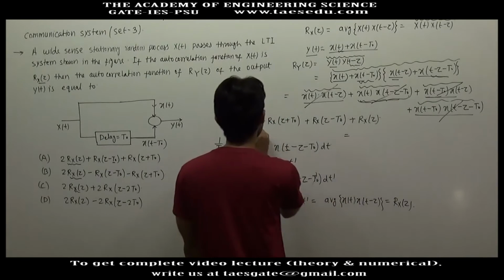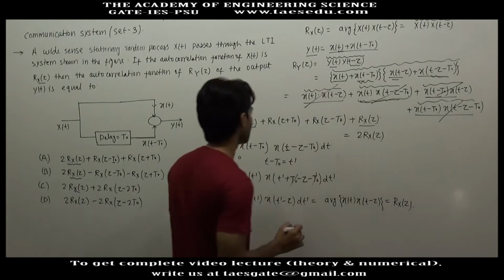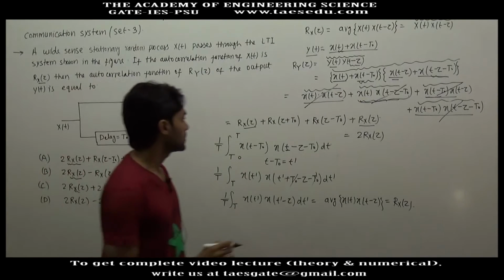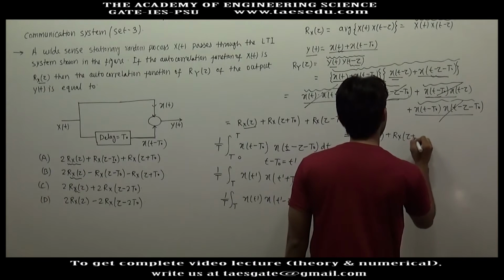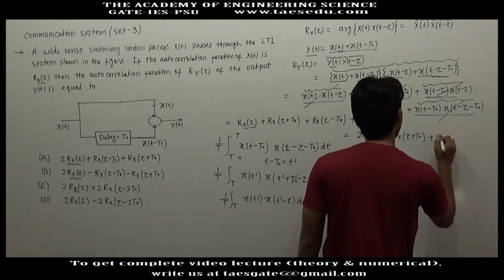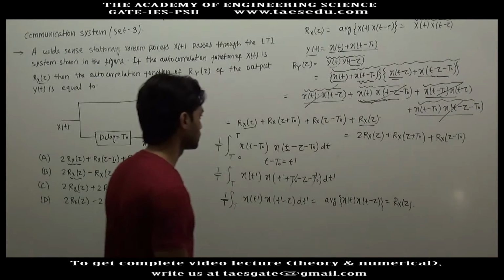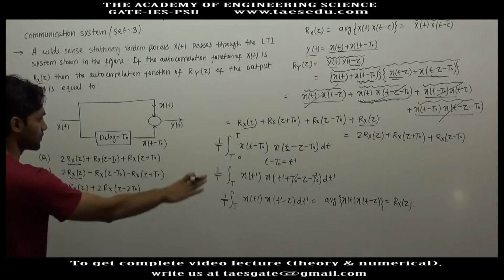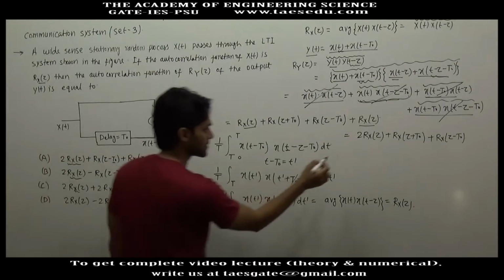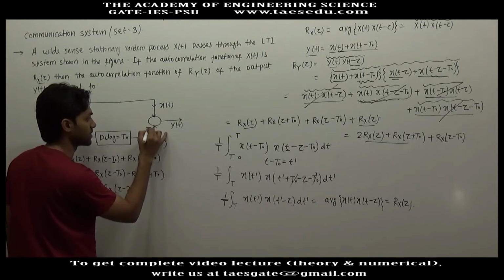So we have here 2 Rx(tau), plus Rx(tau plus t naught) plus Rx(tau minus t naught). According to this question, this answer is correct, but originally in the question here there is a negative sign.